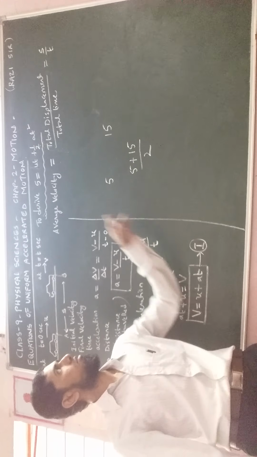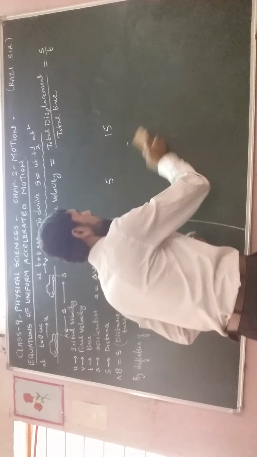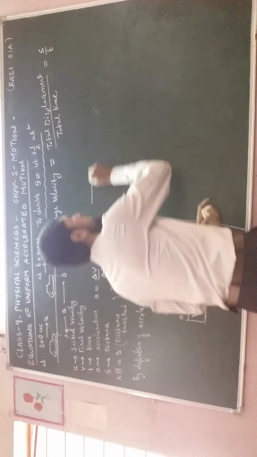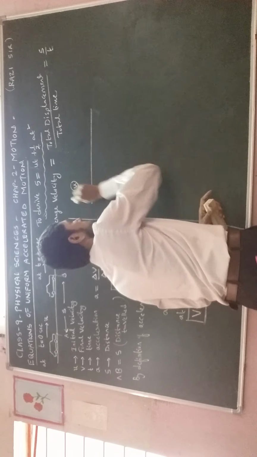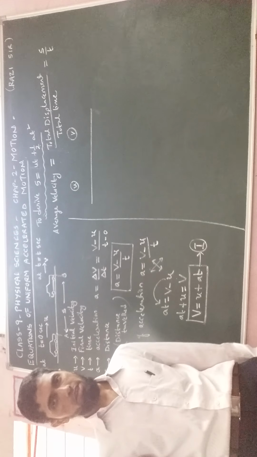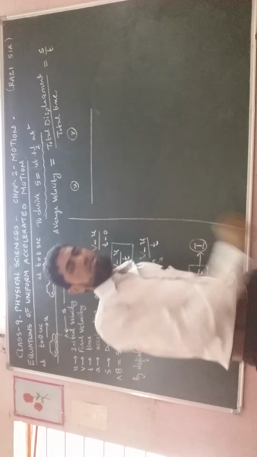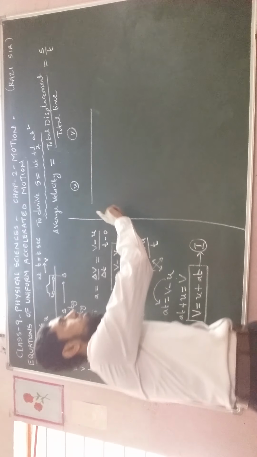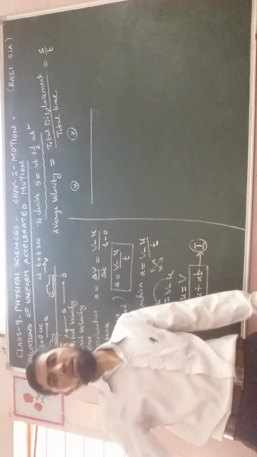In the same way, we have an average velocity formula. Here we have a car with a starting velocity u and final velocity v. So there is a change in the velocity. If we want the average velocity, we just need to take the average of these two velocities.